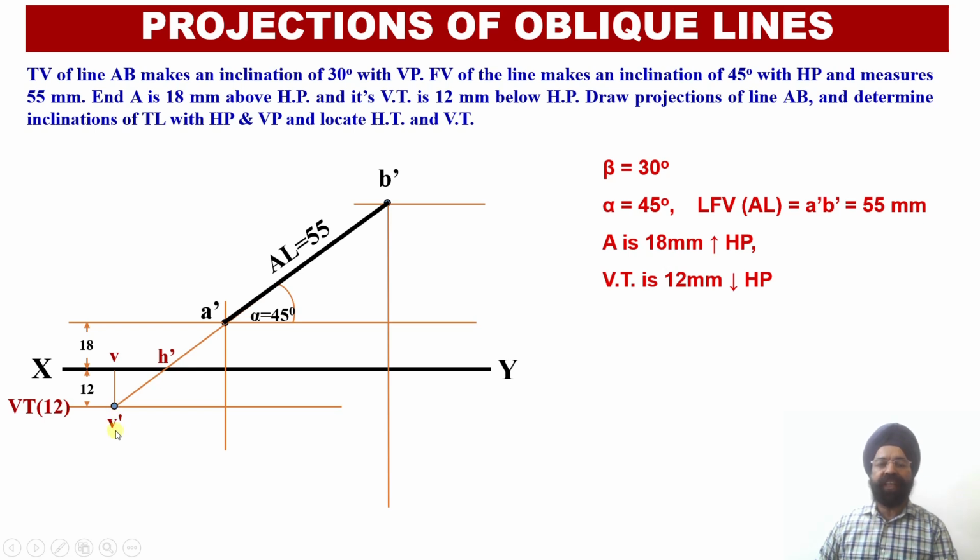So once I locate this point V dash, through this point V dash now I will be drawing a vertical projector line onto the XY reference line, and wherever it intersects with the XY reference line, I have obtained one point through which my plan projection line will also be passing, either itself or through its extension.